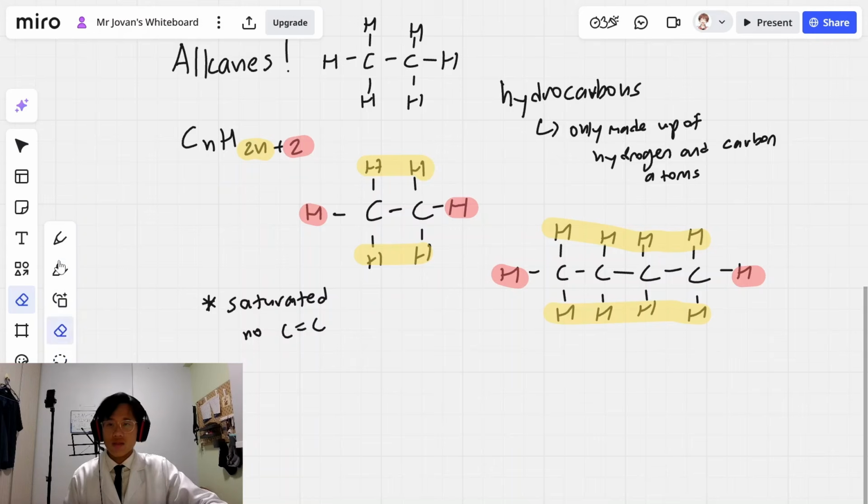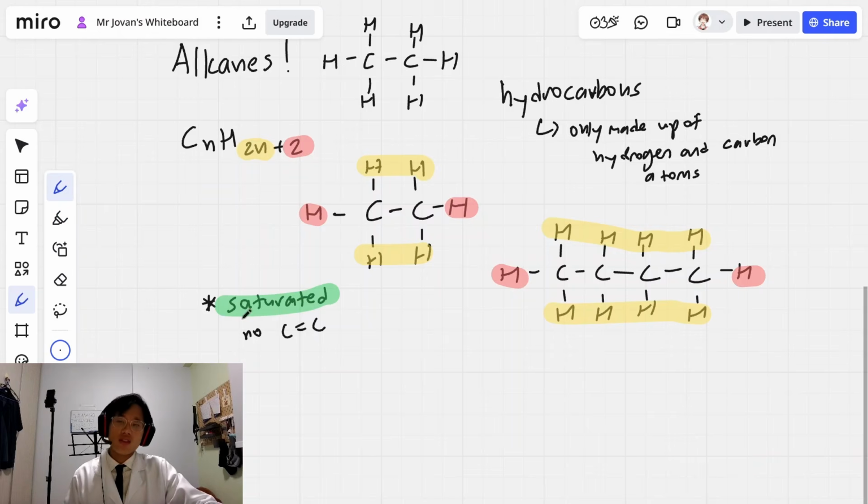So very important, you must know that alkanes are saturated. No C=C double bond means saturated. Go and write down and memorize this. Alkanes are saturated. Good. Now, we know that alkanes are saturated hydrocarbons, and they have this general formula.